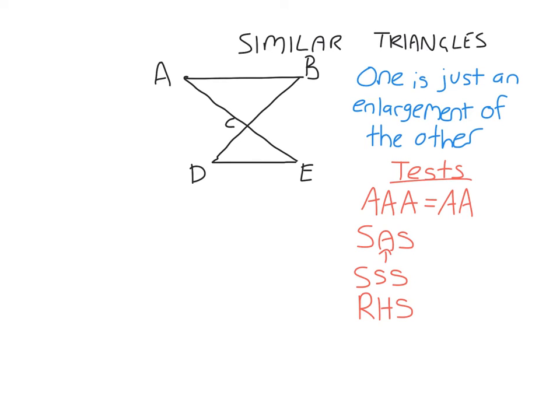So let's look at the two triangles here, ABC and also DCE. Okay, we'll get the vertices in the right order at the end. So are these two triangles similar? Well, to show they're similar, we need to use one of these tests. We don't have any information about the lengths of the sides, so we can't use any of these three tests because they all involve showing that sides are in proportion. So I know that these two angles here are going to be equal, they're vertically opposite.